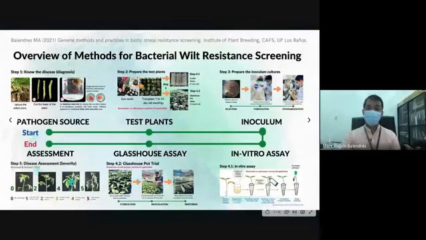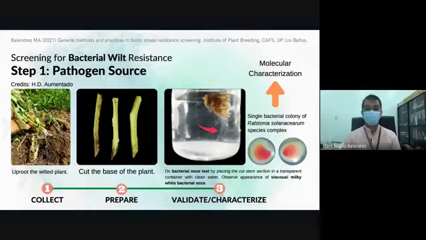For the bacterial wilt screening, the first stage is to have knowledge or information about your pathogen. And for non-plant pathologists, it could be very difficult, but there are several ways that you could ascertain which one is bacterial wilt or which one is not.